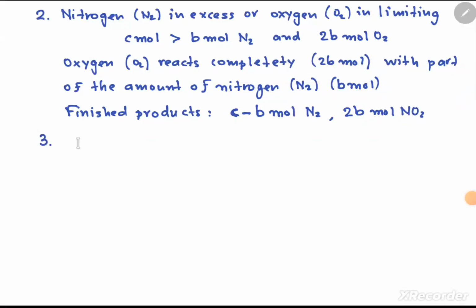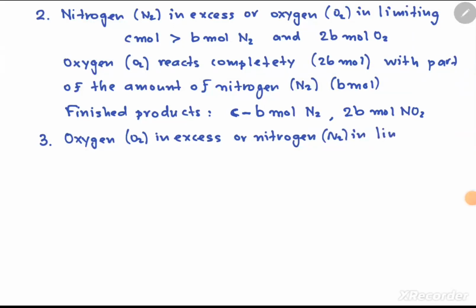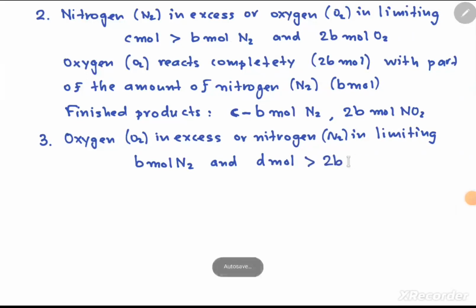Third case. Oxygen in excess or nitrogen in limiting. Whatever we have, b mol nitrogen and d mol, bigger than 2b mol, oxygen.